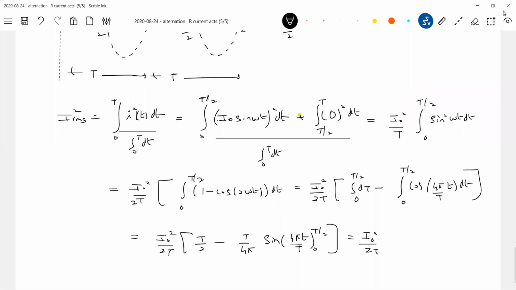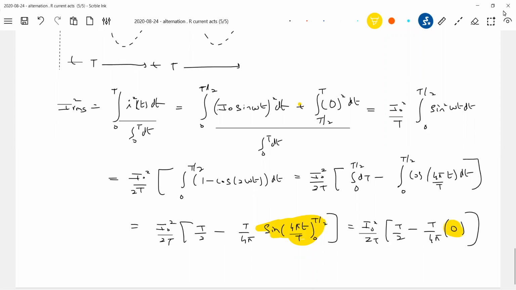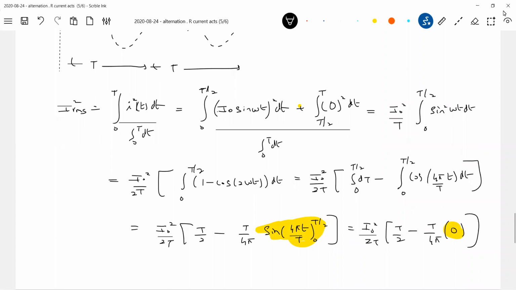So I naught square by 2T times T by 2. Please do make this observation in the exam. You are supposed to save time, so there is no need to verify again. T and T get cancelled. So the value of I RMS will be I naught by 2.